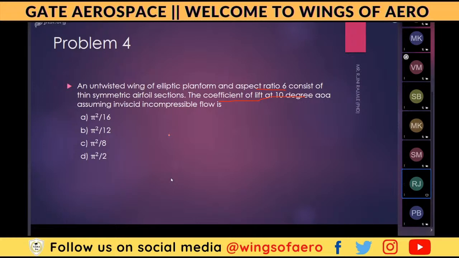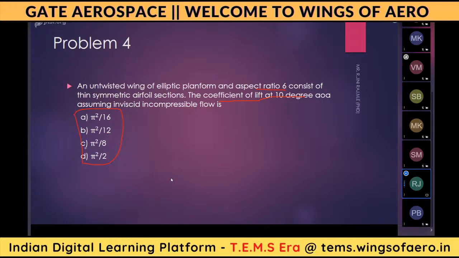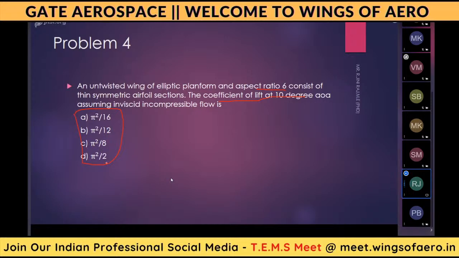No, sir, no. The value should be in here. See, we have 4 options: pi square by 16, pi square by 12, pi square by 8, pi square by 2. So we need to get the answer from these 4 options only.